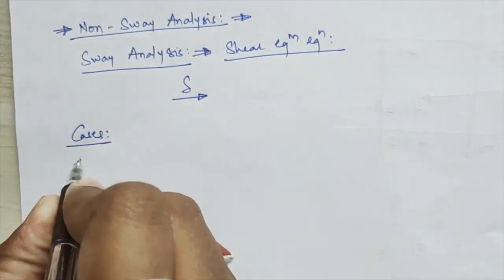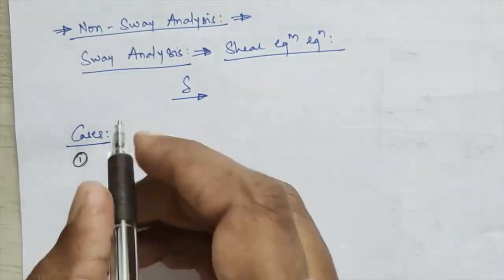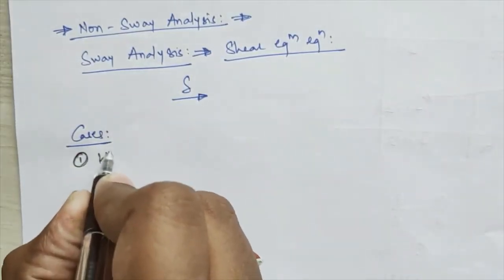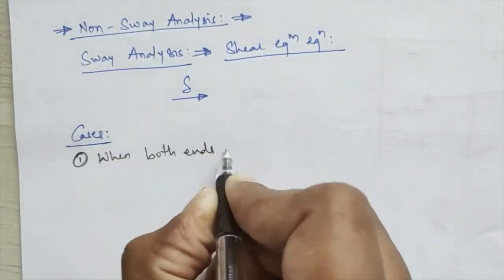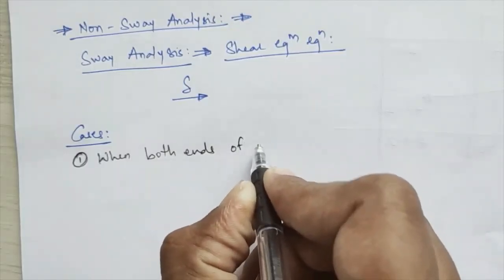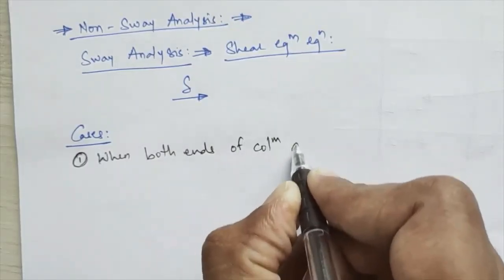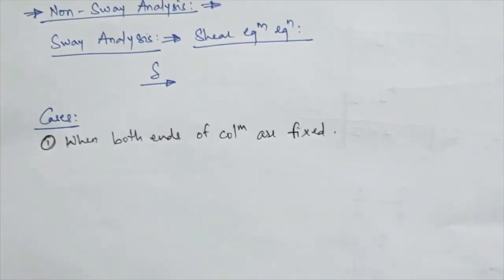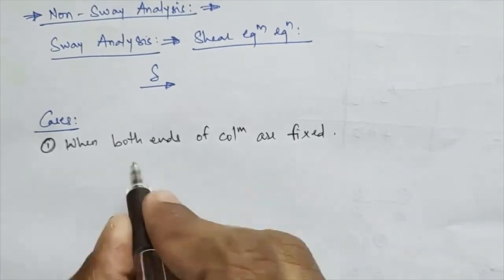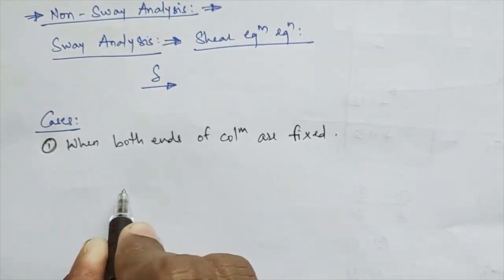The first case we'll be seeing is when both ends of a column, or vertical member, are fixed. I'll draw one diagram for that.